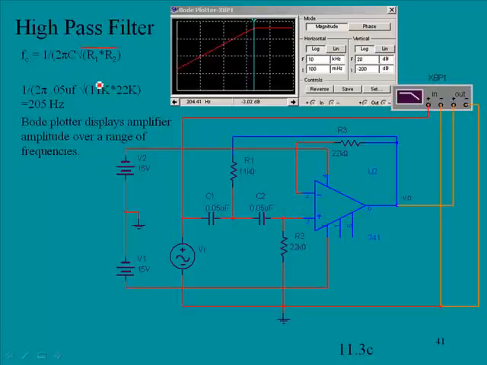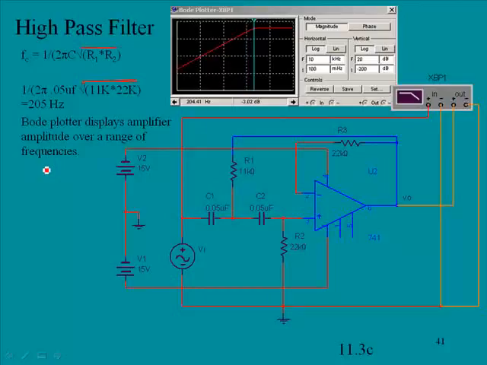And if we plug those into this formula, I'll draw a little line there just to make sure that square root goes across those two items, we would get about 205 hertz. So what this is saying is that this filter will block those frequencies below 205, and then it'll pass everything above that. And this filter is available in your Multisim package.